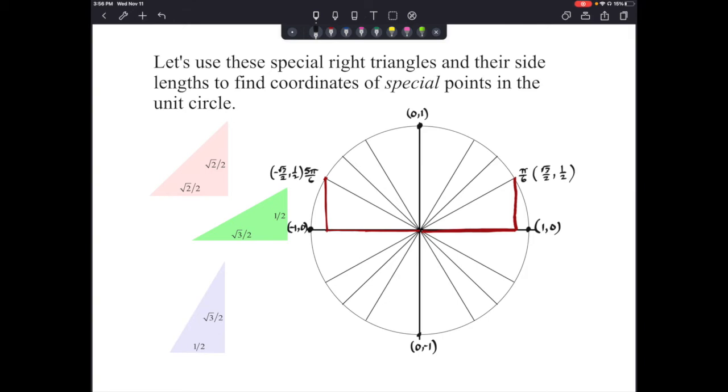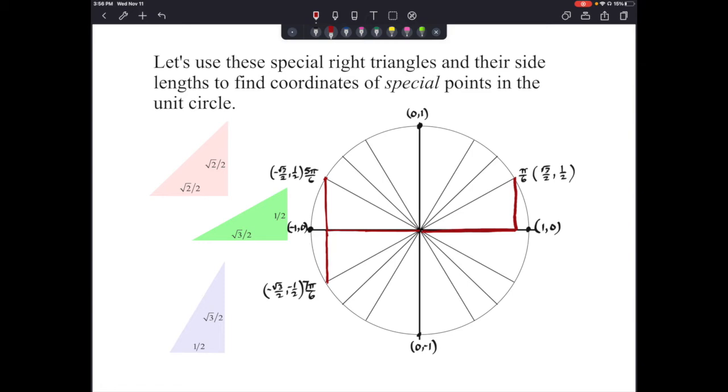And then we could find the one that's down below, because it's going to be the same x-coordinate as we go down here. This is our 7 pi/6. So we should have a negative radical 3/2 and a negative 1/2, because now we're below the x-axis.